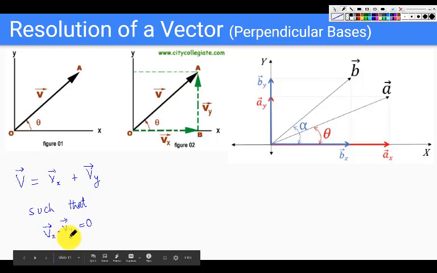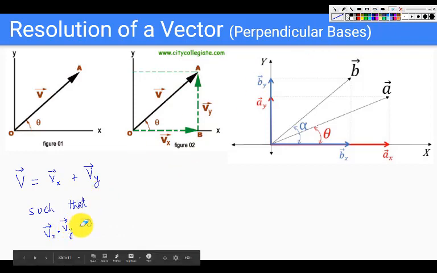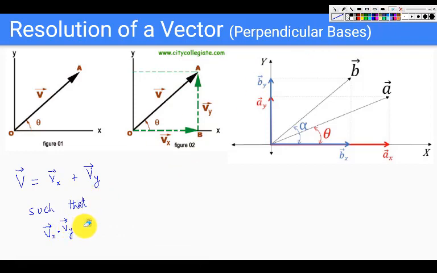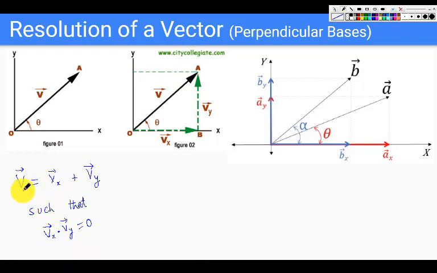As you might have already known before this course, if two vectors have a dot product equal to 0, we know that these two vectors are perpendicular. So we want to write this vector v as its perpendicular components. This is what we call a perpendicular basis.